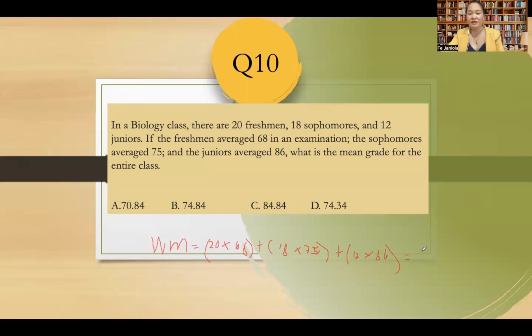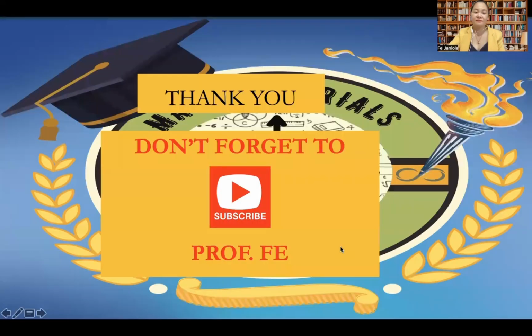So the answer is 74.84. If there is a corresponding weight, you are going to find not only their average, but their weighted mean average. So letter B.